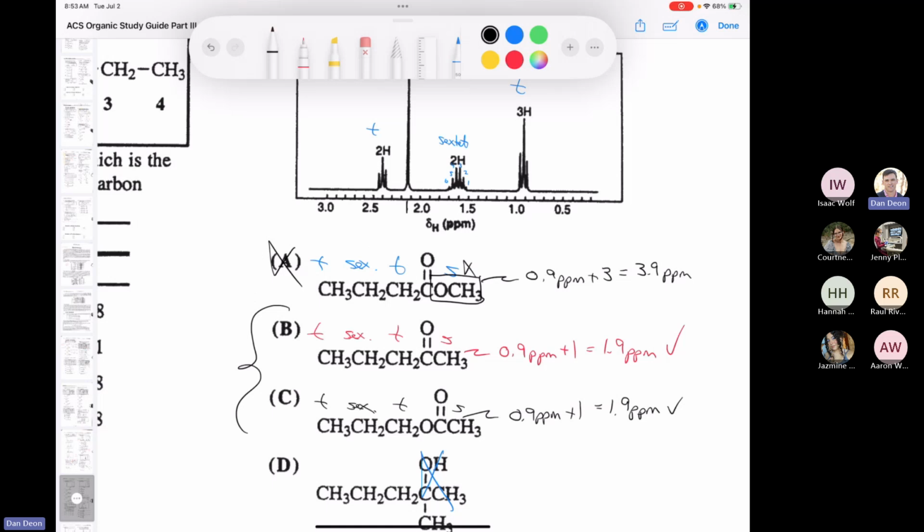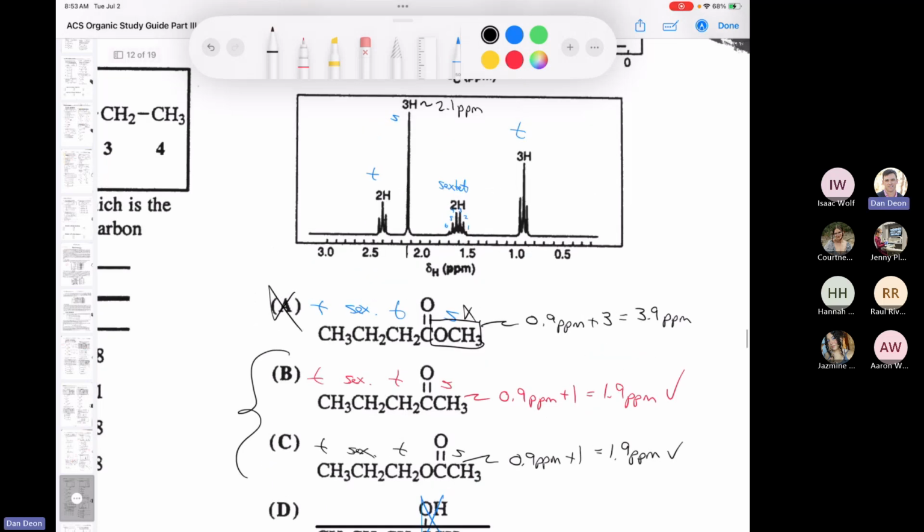So then why don't we look for the triplet that integrates for 2 protons, right? If I highlight it, this guy can be either this or this. So what was the baseline for a methylene? Okay, so I'm going to scribble these down in blue, okay? So the baseline for a methylene was 1.2 ppm.